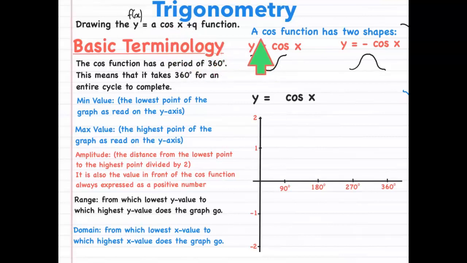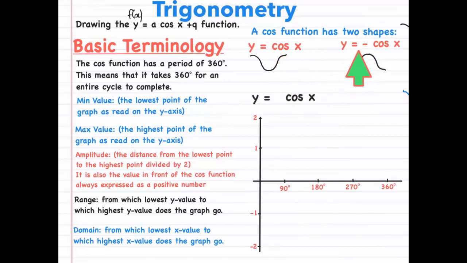Now, a cosine function has two shapes. Well, it can be positive, so if the value in front of this cosine function is positive, it makes this kind of shape like a porridge bowl. Do you see that? So from the point where it starts, it slopes down, makes a turn, and goes up again. Okay, great.